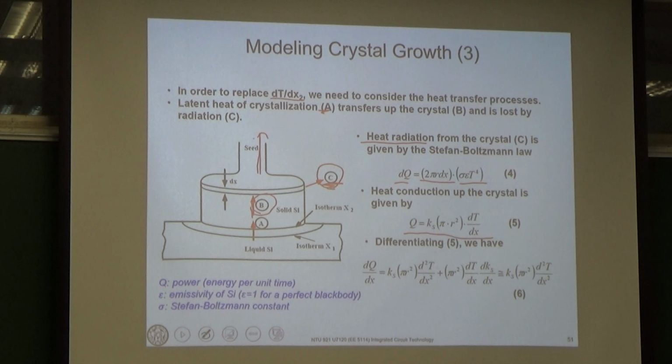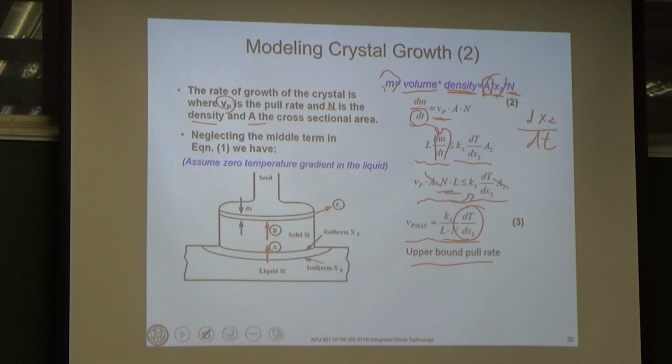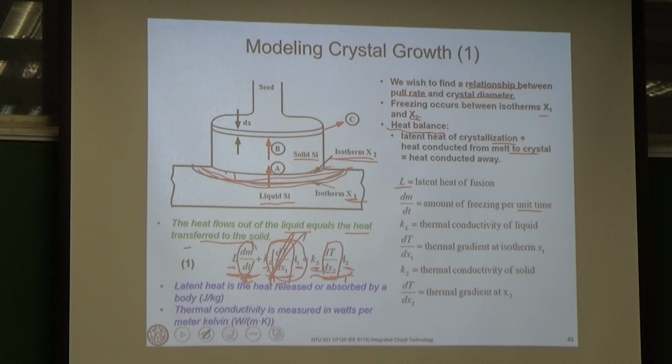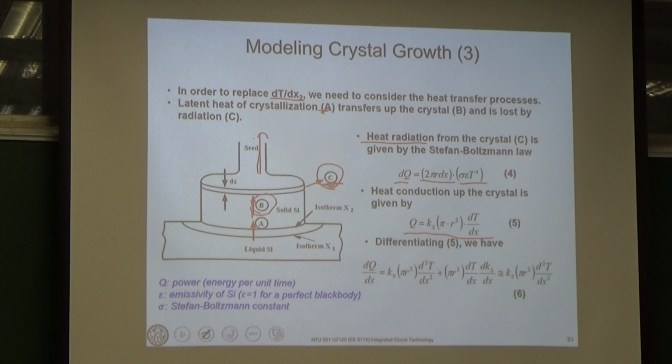So we have the Q, the heat conducted up the crystal. This term Ks times dT/dx. So this is the area. This is the conductivity of solid silicon. So we can plug this equation 5 into equation 4.